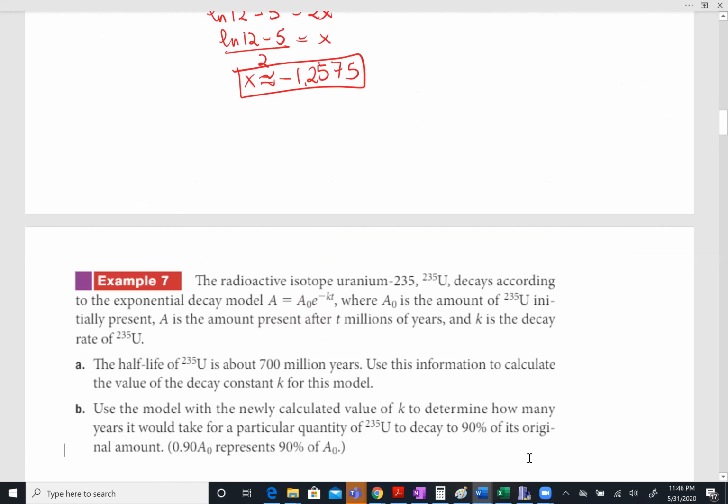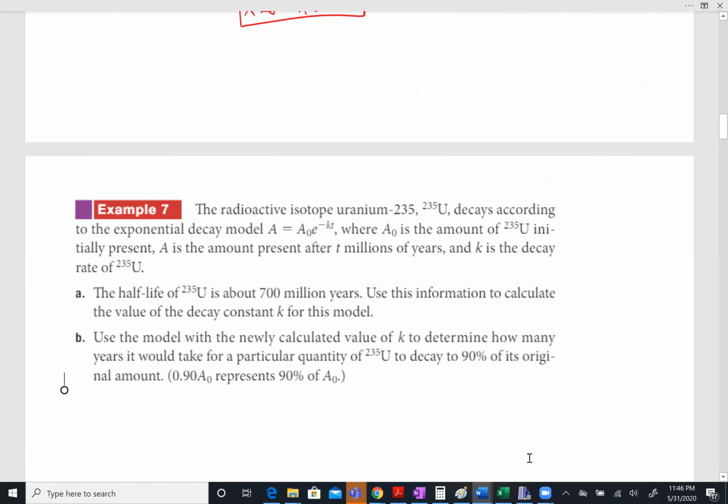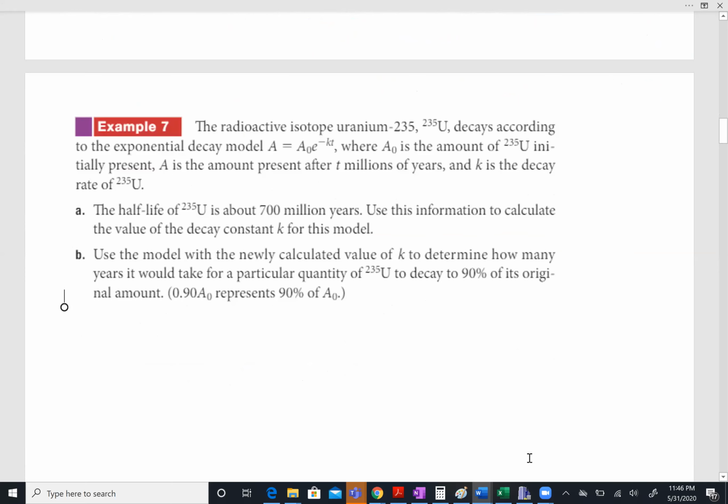So, last example. In example 7 here, let's read it.